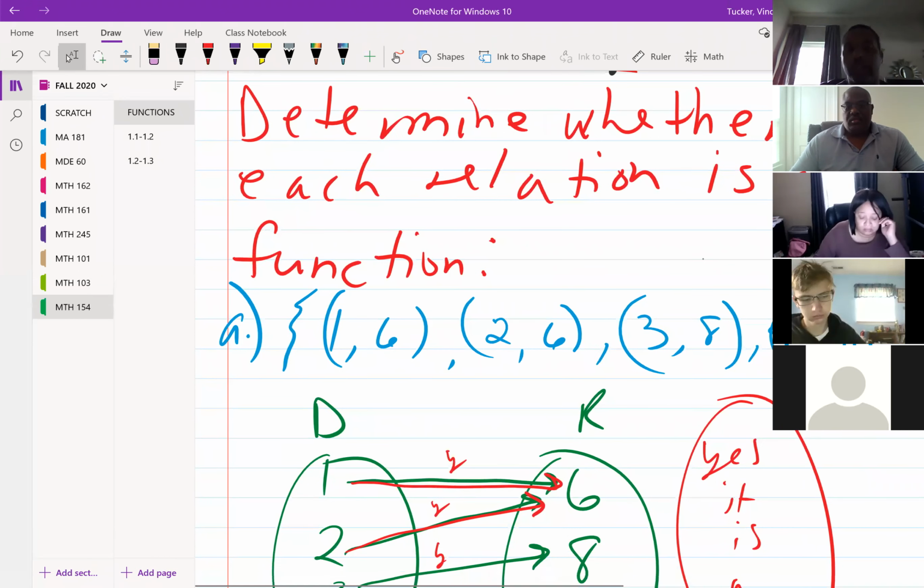All right, so determine whether each relation is a function.